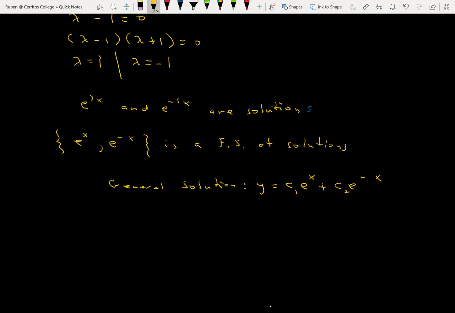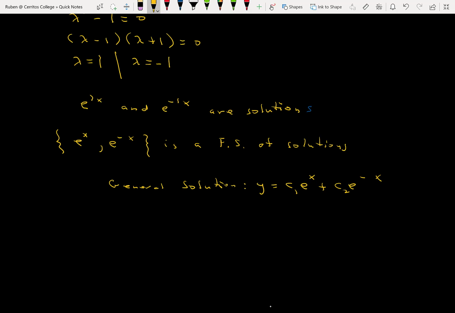What we're going to do for the remainder of this lecture is a couple of things. First we'd like to look at a way of skipping the idea of verifying that we have a fundamental set of solutions once we have the solutions to the auxiliary equation.